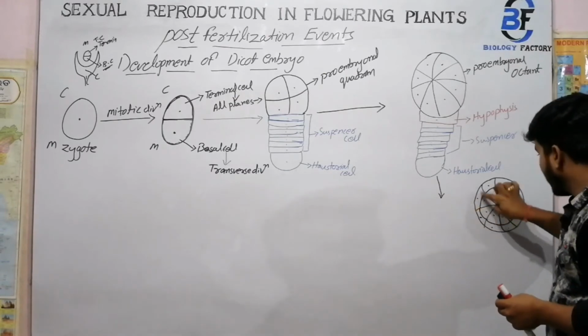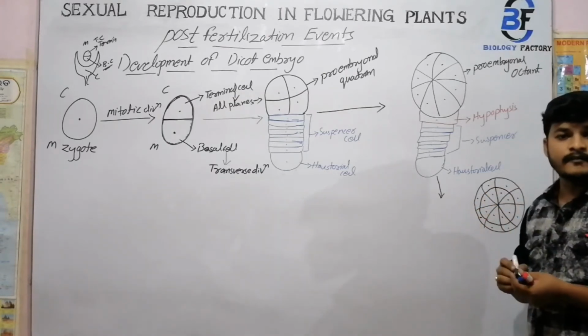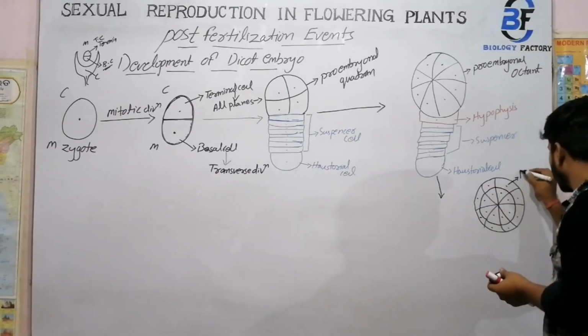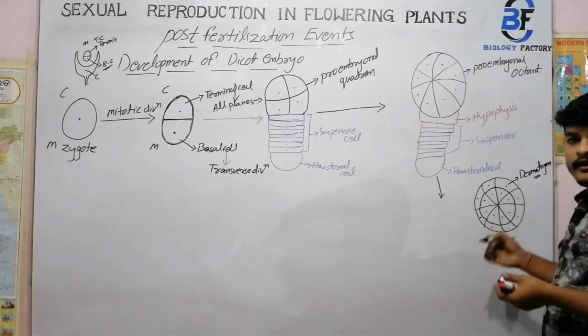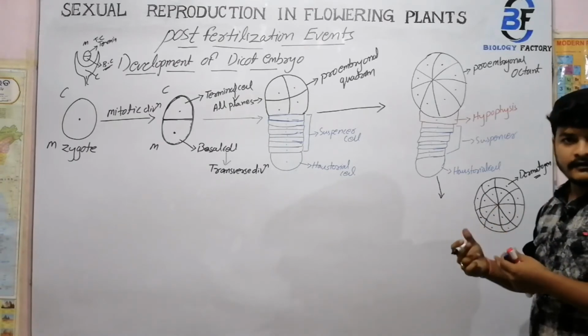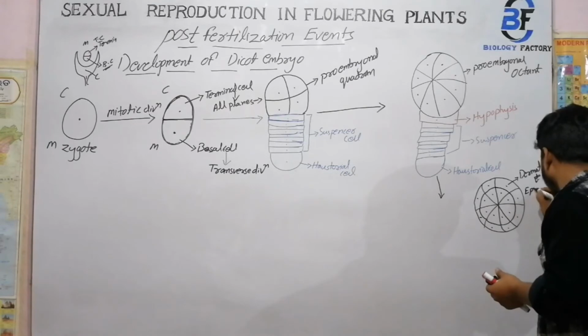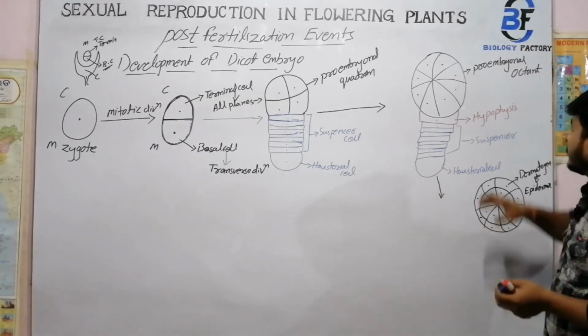So a layer of cells is formed, and this layer is otherwise known as your dermatogen. This dermatogen again forms the epidermis. So what happens over here?